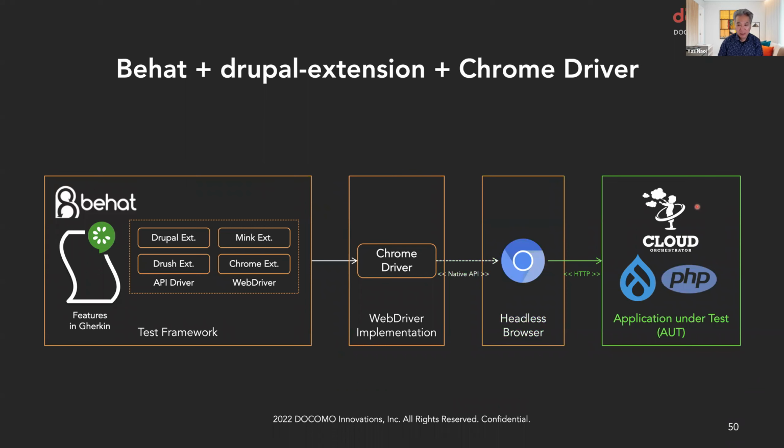And then this virtual browser accesses the actual website of the AUT application on the test site. In our case, we are developing Cloud Orchestrator, so we want to test our live Cloud Orchestrator site by the Behat command with the Chromium headless browser.